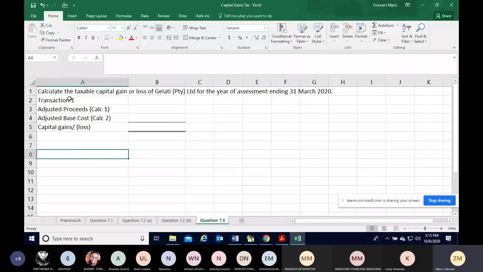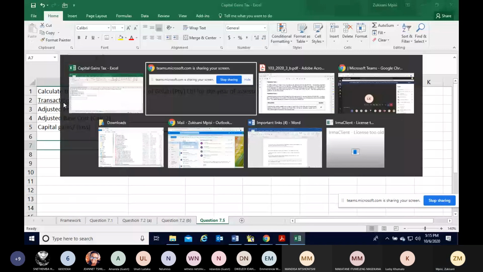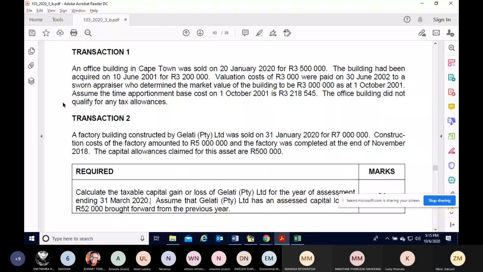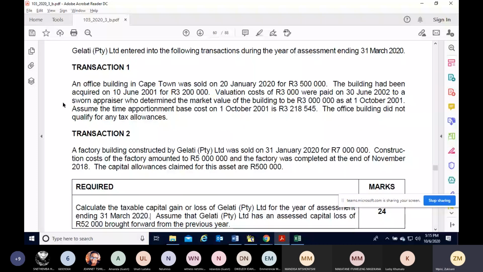So let us start with transaction 1. An office building in Cape Town was sold on 20 January 2020 for 3,500,000.